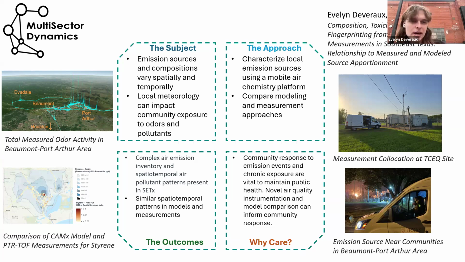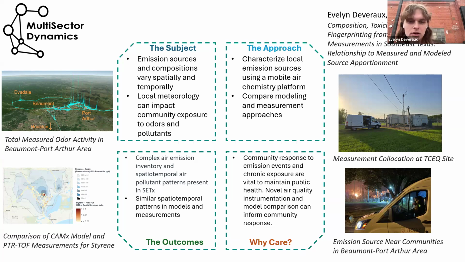We did a lot of passes and measurements around the whole area to try to understand how individual sources contribute to the local air chemistry. And additionally, we compared with models from other members of our team to try to understand how these contributions are affecting the regional air quality.